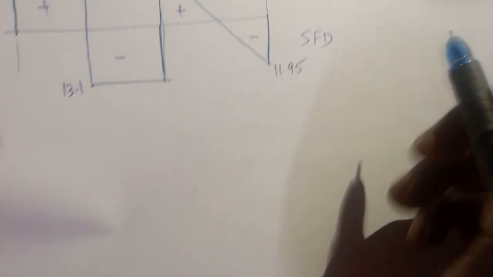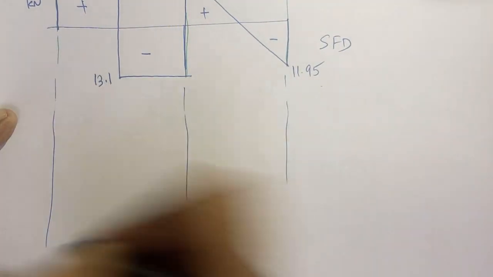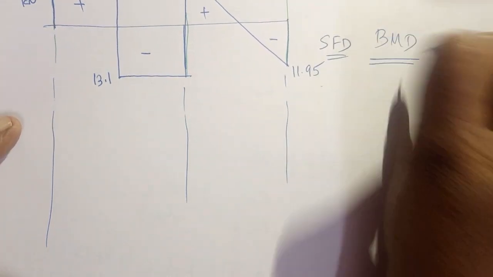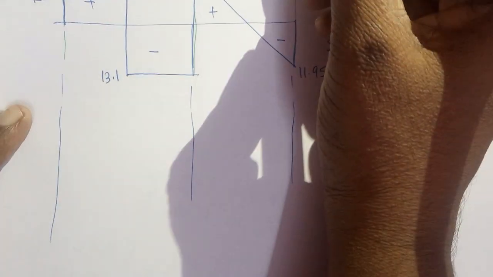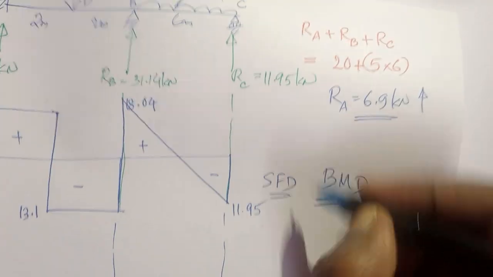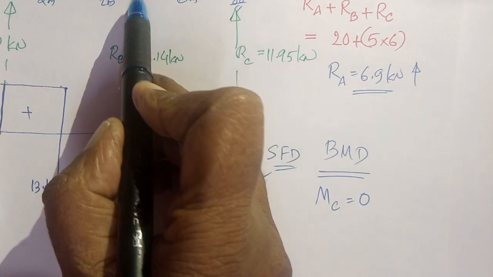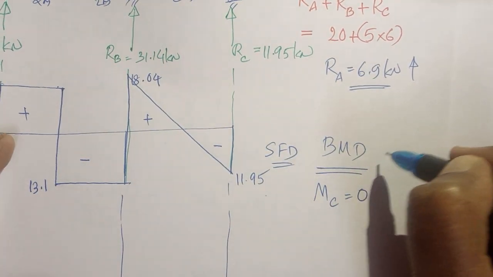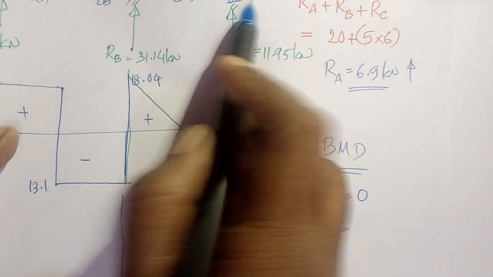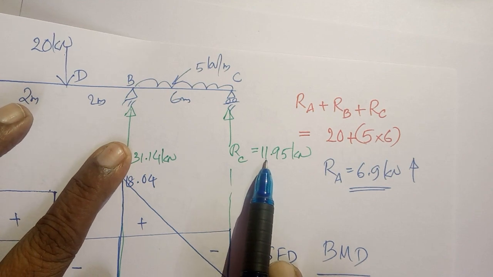Now to draw the, let's leave the space here. Bending moment diagram. If you want to draw the bending moment diagram, get the bending moment values. We know support C is a simply supported end, so bending moment at C is 0. Support moment at point B will be, considering right of B, the load is 11.95.